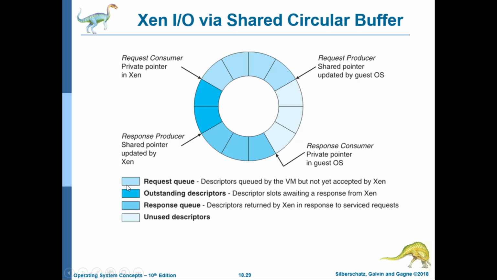So here we have the legend: the request queue, the outstanding descriptors, the response queue, and unused descriptors. The darkest blue here are the outstanding descriptors, the descriptor slots awaiting a response from Xen.